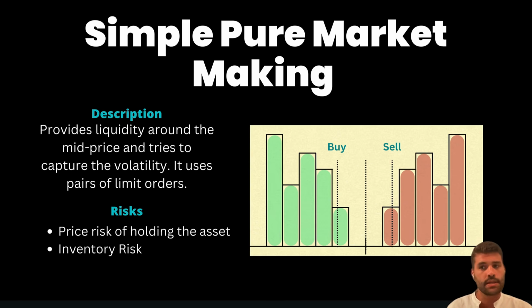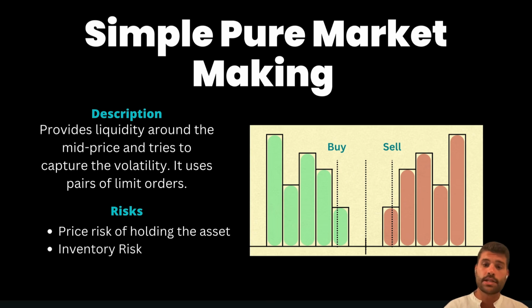So by holding the asset, you are exposed to some risk that you have to figure out how you're going to manage. Probably you like the exposure and you are not going to do anything. If you don't like the exposure, you're going to place a short or probably some trick with options, trying to hedge the position all the time. That is how you are going to manage the price risk.